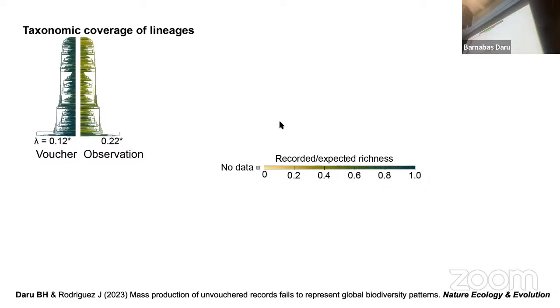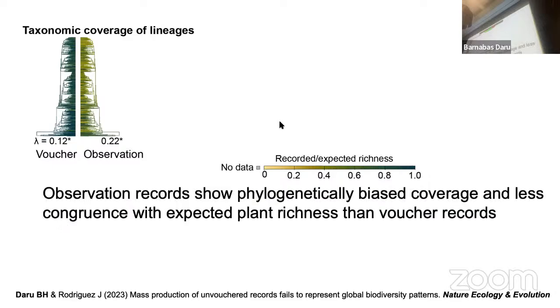The scale corresponds to the degree of coverage, with darker colors meaning that the records of vouchers or observations capture our expected knowledge of the richness of species within a family, and lighter color corresponding to a scenario of no coverage at all. We found that observation records tend to show phylogenetically biased coverage and less congruence with expected patterns of plant richness than voucher records.